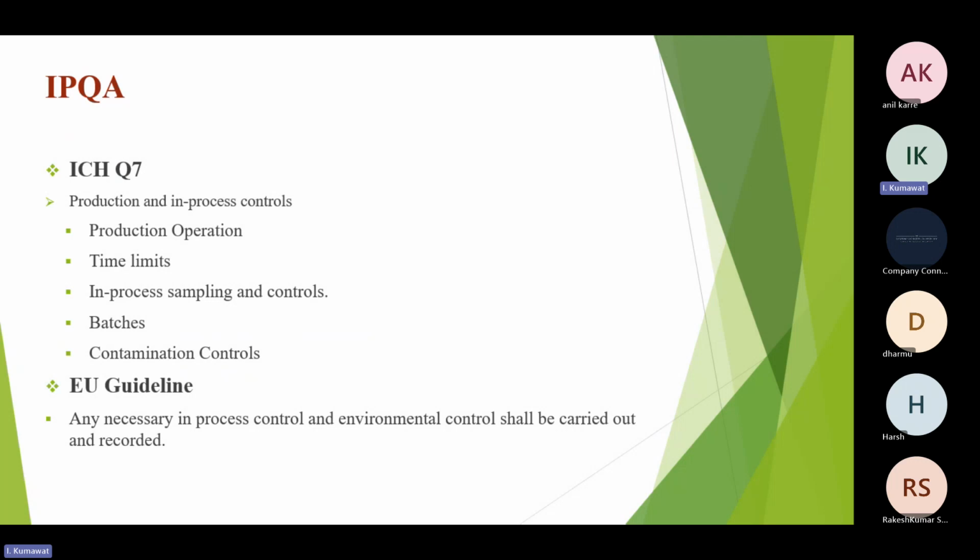Whatever activity is done by either production or QA has to be recorded somewhere. In the manufacturing process, we have the standard documents, that is the BMR and BPR, batch manufacturing record and batch packaging record, or some industries use the terminology batch document.